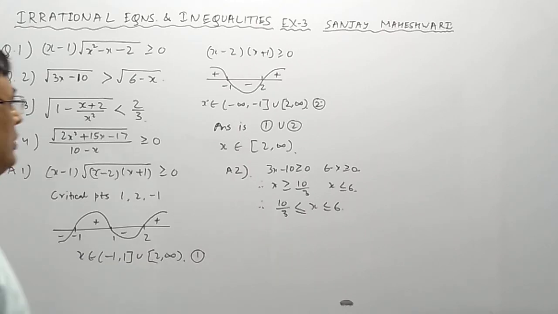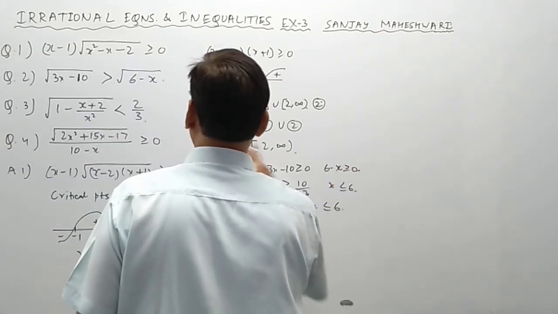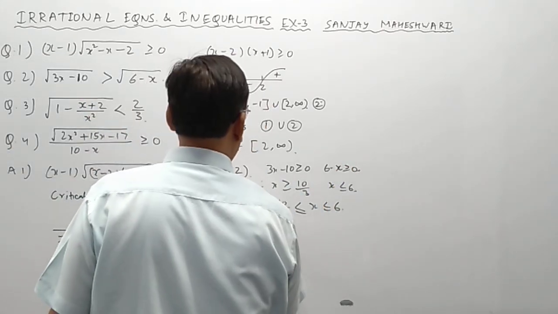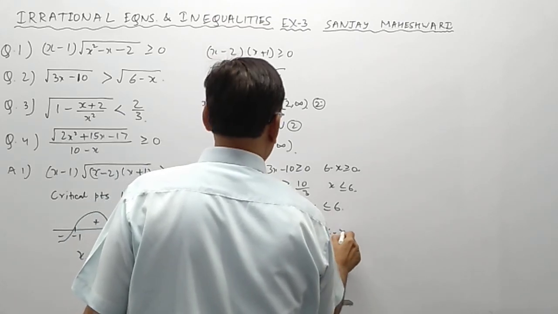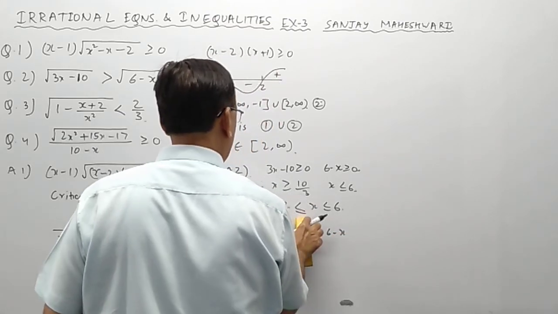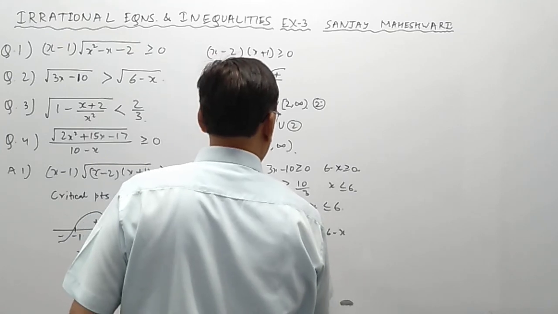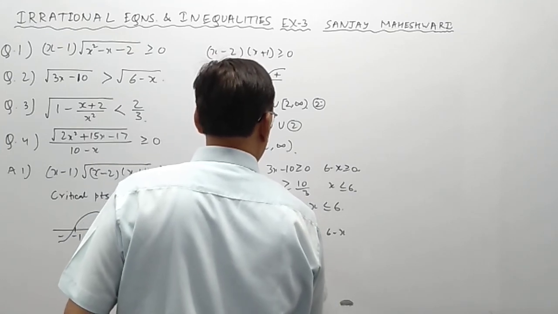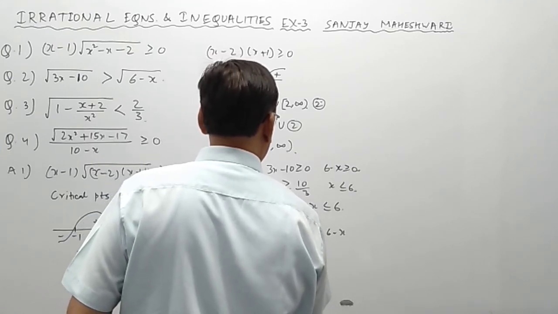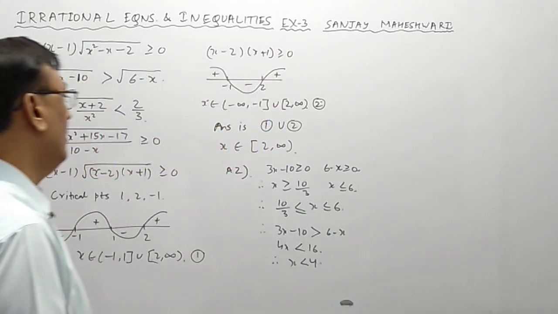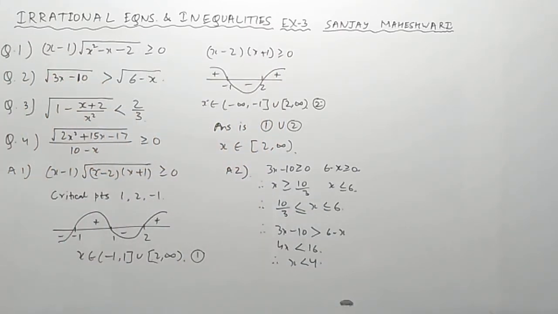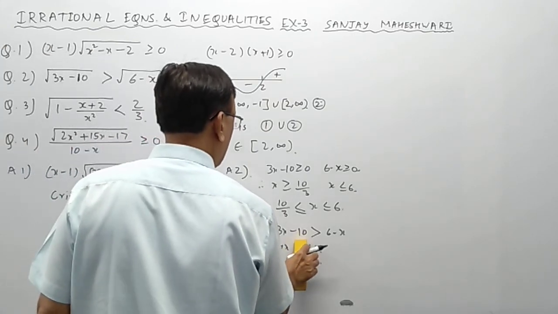To start with the solution, we square both sides because both sides are positive. Therefore 3x minus 10 is greater than 6 minus x. Therefore 4x is greater than 16, therefore x is greater than 4.